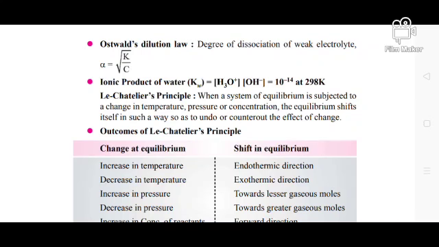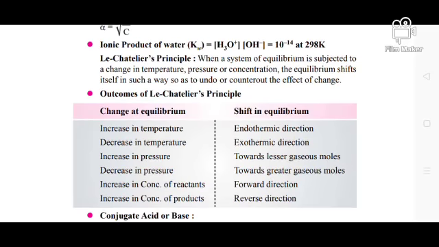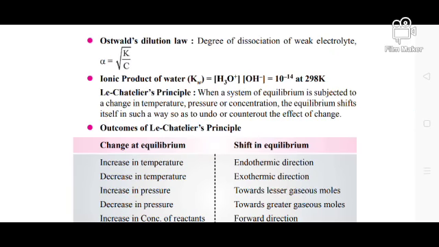When a system at equilibrium is subjected to a change of temperature, pressure, or concentration, the equilibrium shifts in such a way as to undo or counteract the effect of the change. So Le Chatelier's principle explains that when there is an equilibrium state and we change the pressure or temperature, the equilibrium shifts towards a different side.